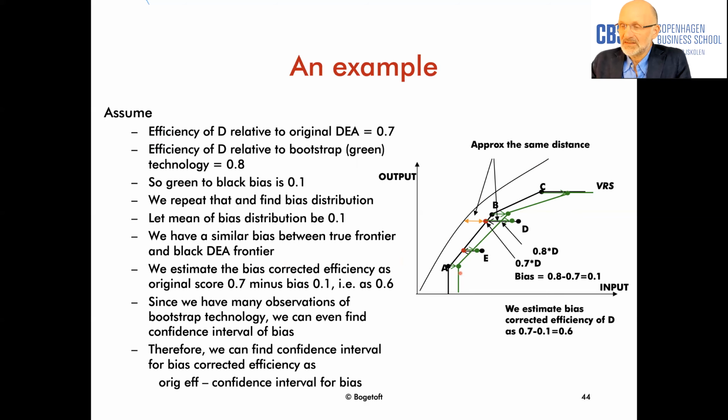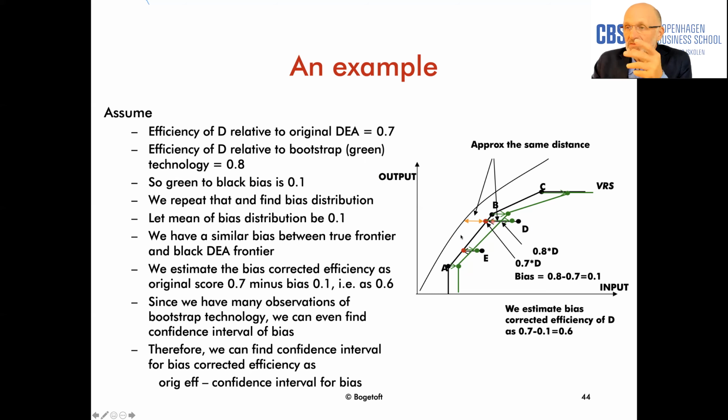So in one instance, out of the 2000 repetitions I do, it might be this green one here. Let the efficiency of firm D relative to the black one be 0.7. That's the original efficiency score you get when you do a DEA model.